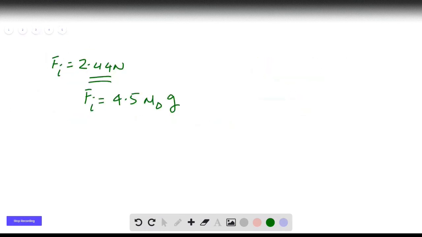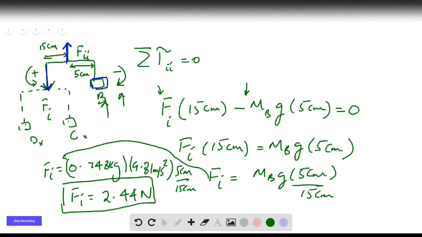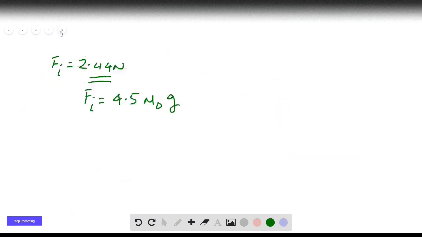And F1, we just found out from the second level, using torque, summing up equilibrium torque to 0, that F1 is 2.44. So we need to plug in that 2.44 newtons. That way we're able to solve for MD.